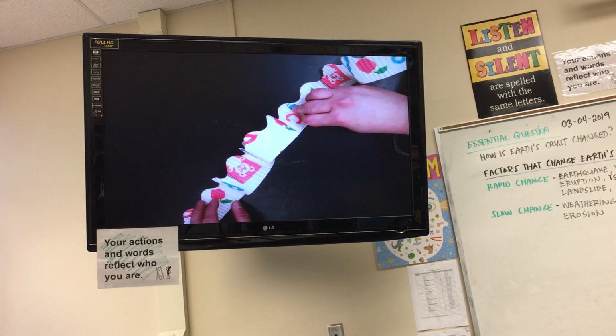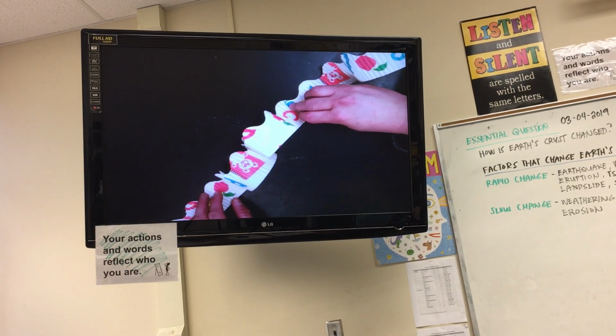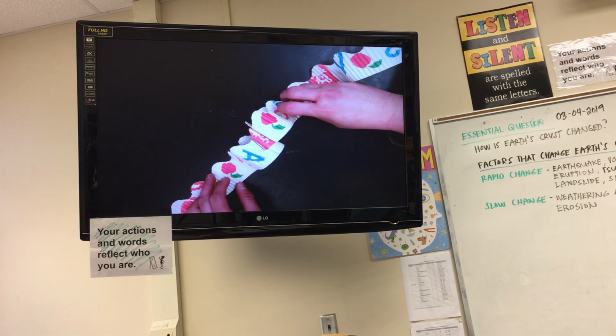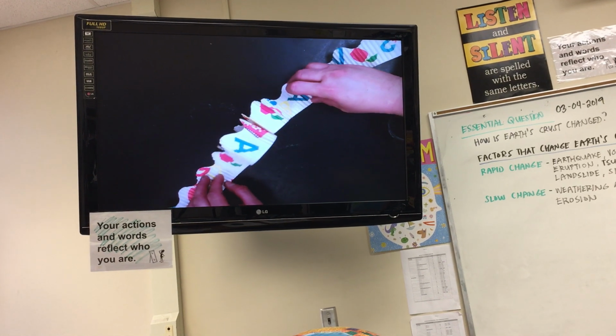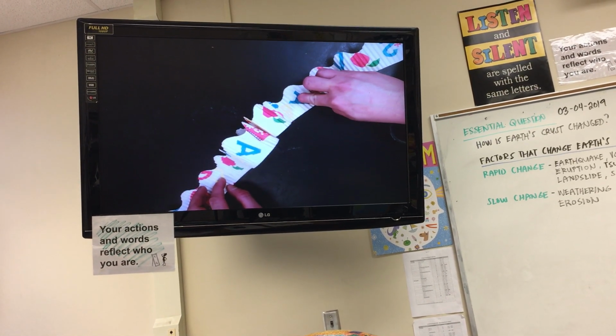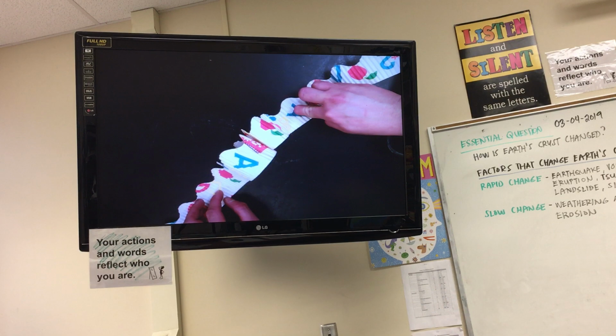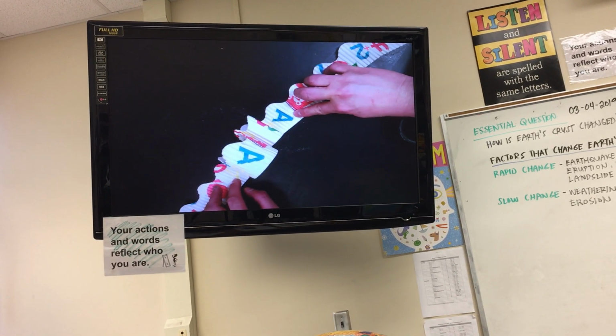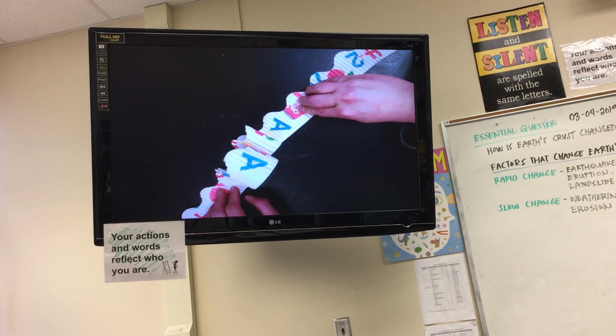See the formation of the mountain right there? So the land rises, and this is what's actually happening in Mount Everest. Mount Everest is still rising because of the continuous convergence of India and Eurasia.